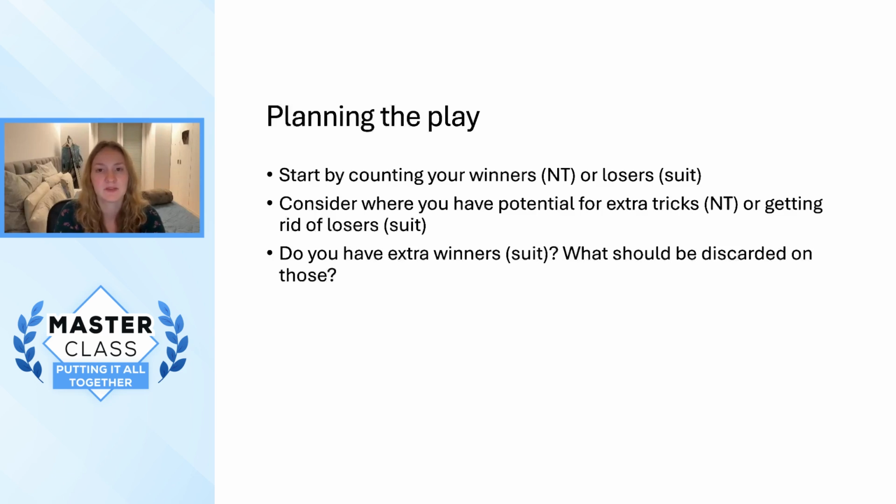It might be that we have a trick that's kind of not doing anything, and that will be in the hand that is not the base hand. Remember, the base hand is always the one that we use to count our losers. So if we have some winners that aren't really fulfilling a function, can we instead discard some actual losers on those extra winners? And then they fulfill their function of getting rid of our losers.